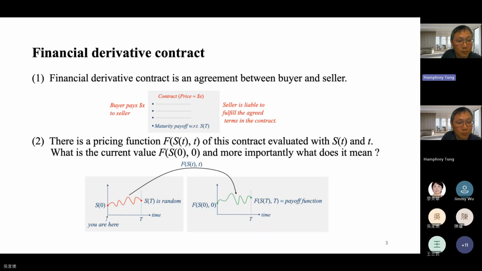Once he receives this amount, think about it like in bullet two, the current price follows a random walk, like the red color path, and you have a formula. The formula for the option price can apply at the current time with time 0 and the current price. It can also apply to any time during the life of the option.